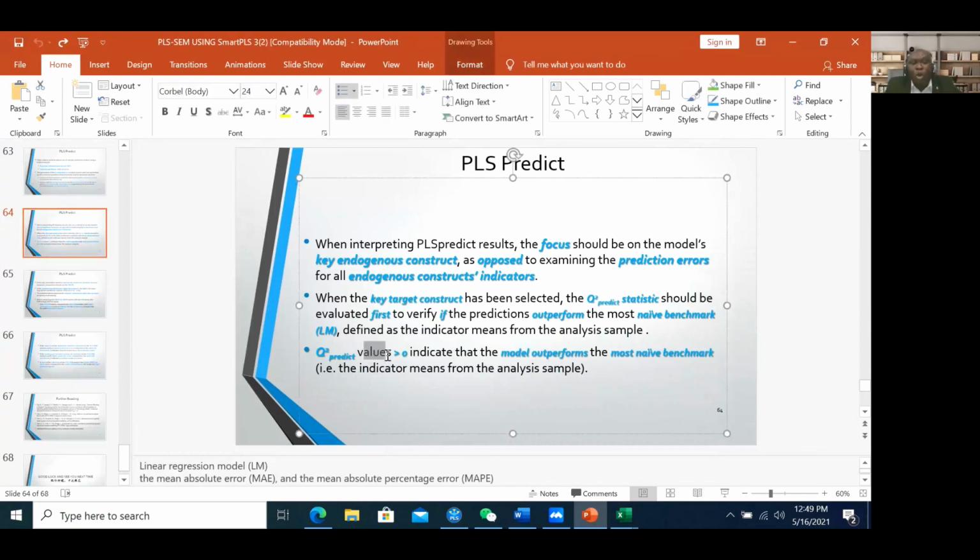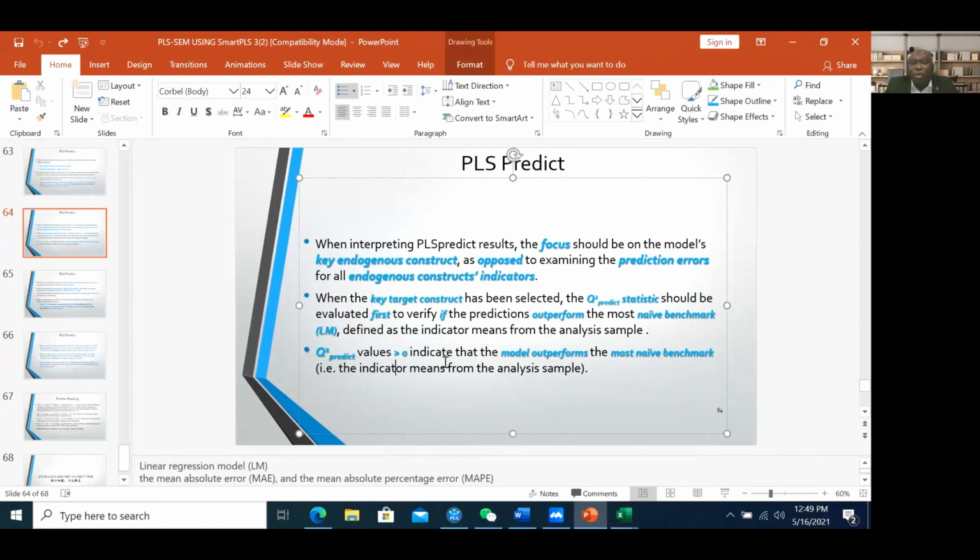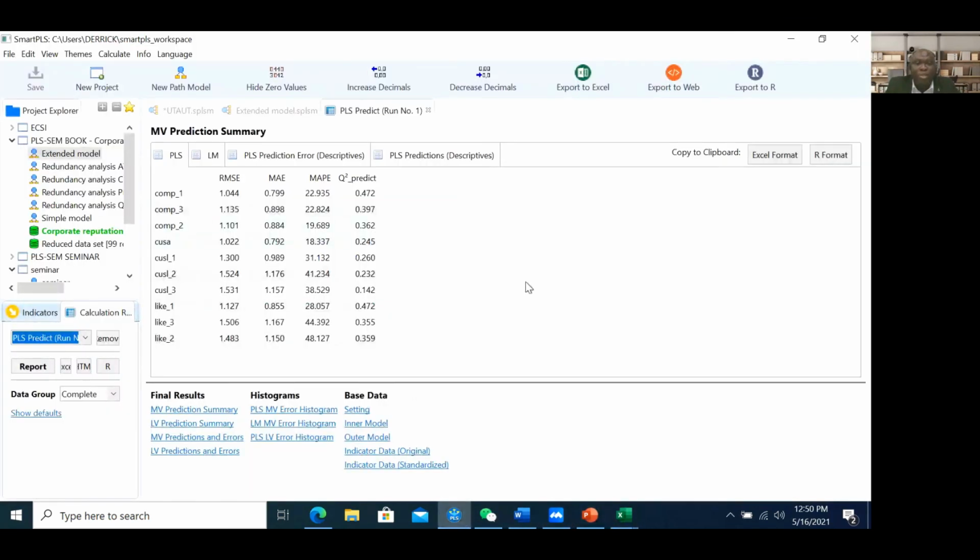Good. So Q squared predict values should be higher than 0 to indicate that the model outperforms the most naive benchmark. When this table opens, you check the Q squared predict values and see whether they are different from 0.